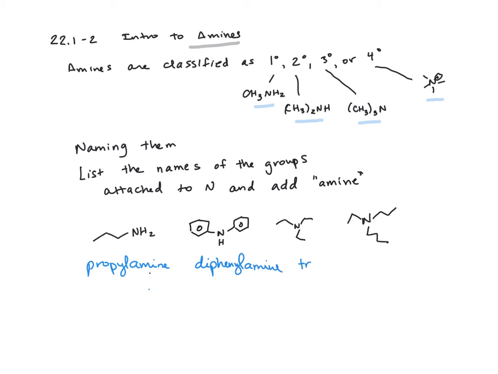Then we have triethylamine. And lastly, with our substituents, ethyl, propyl, and butyl, we need to arrange them in alphabetical order. So this is going to be butyl, ethyl, propyl, amine.